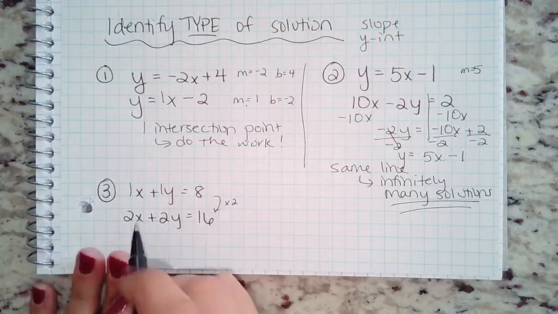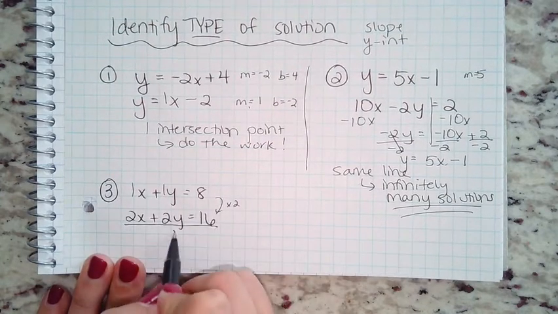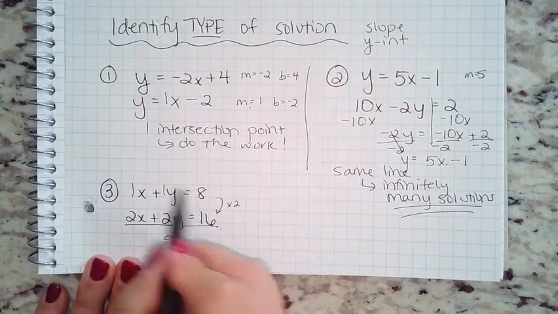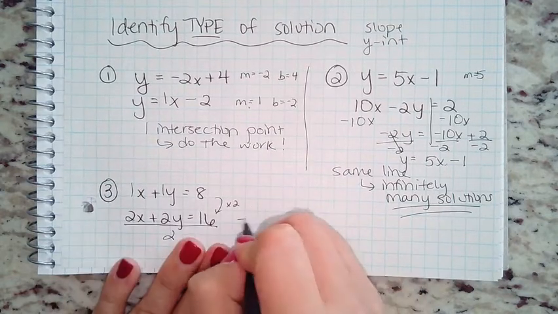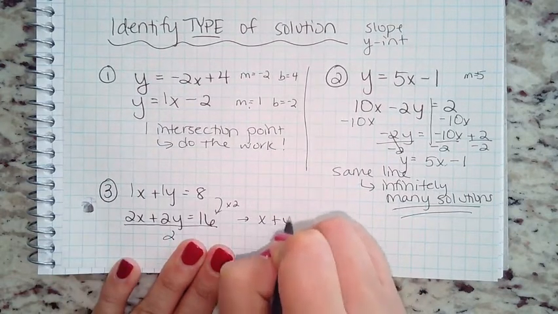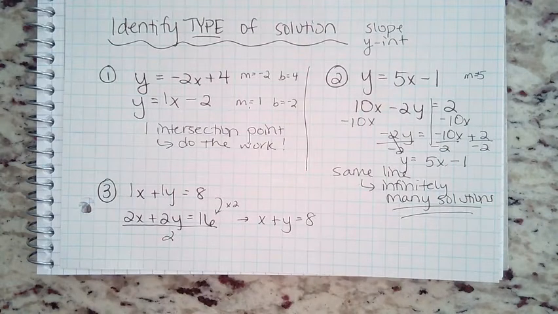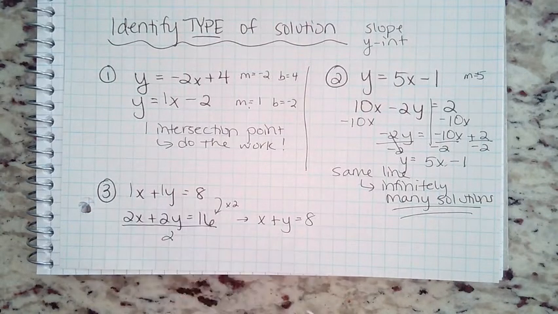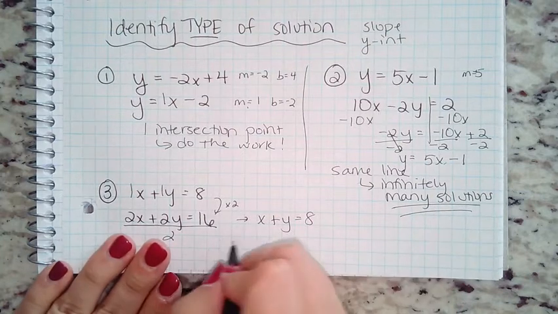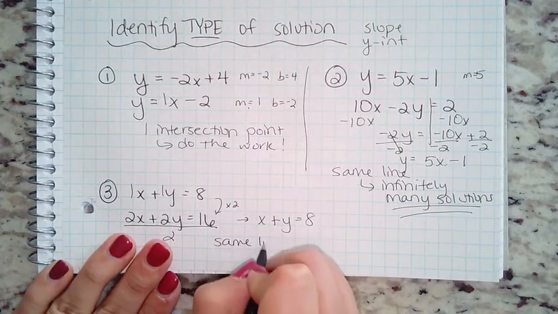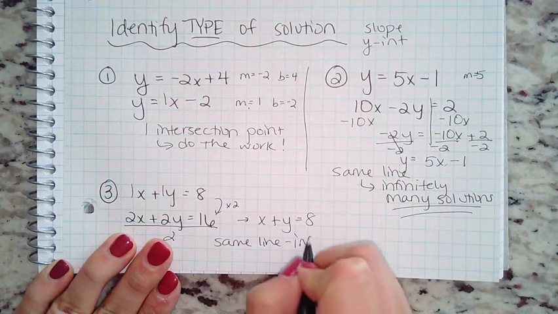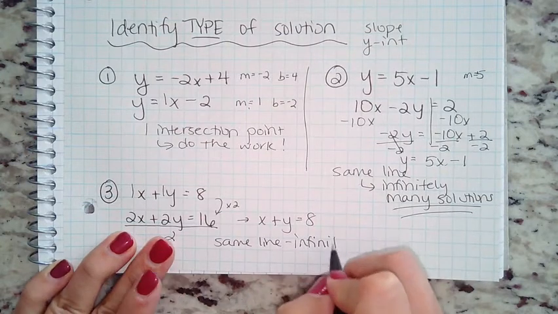Well, so then if I divided all of this by 2, I actually get this equation. So now we have the same equation. We're in a number 2 situation, right? So this is the same line, infinitely many solutions.